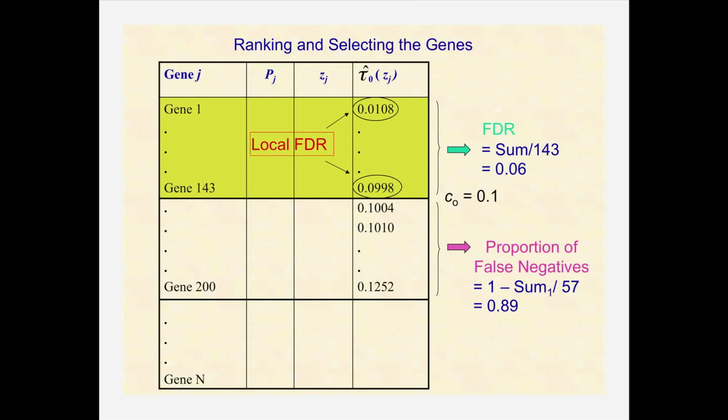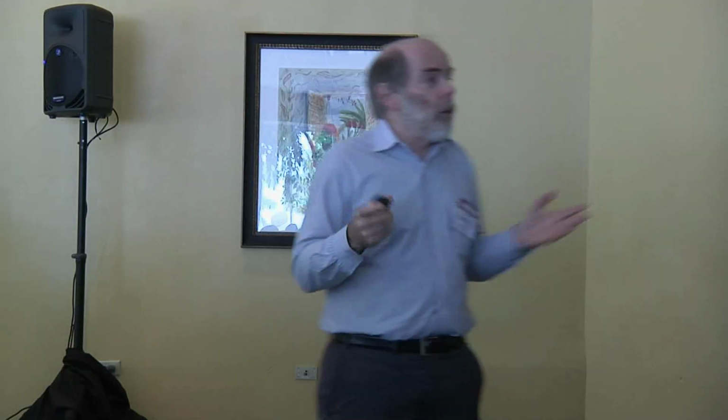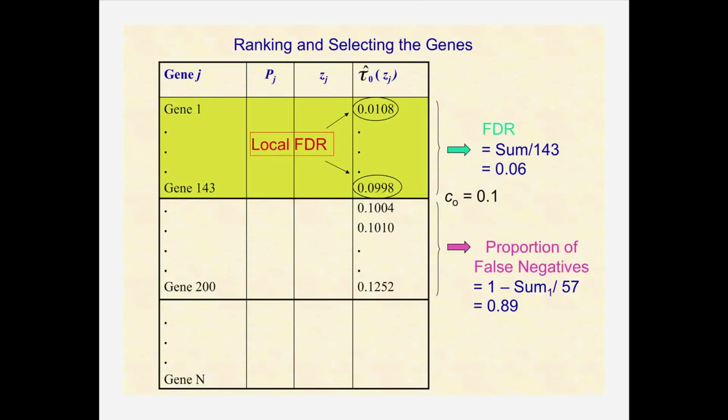These values are the values for the head and neck data. If we add up these estimates here and divide by 143, we get an estimate of the false discovery rate. It's roughly 6%. But there's no reason why we want the false discovery rate to be around 5%. There's no universal level for that. But basically, it gives us some idea what's going on.